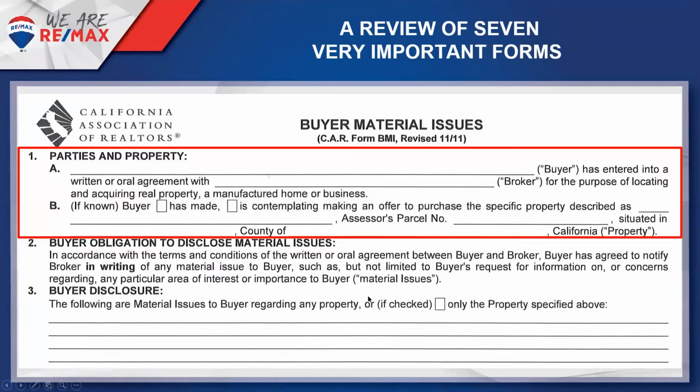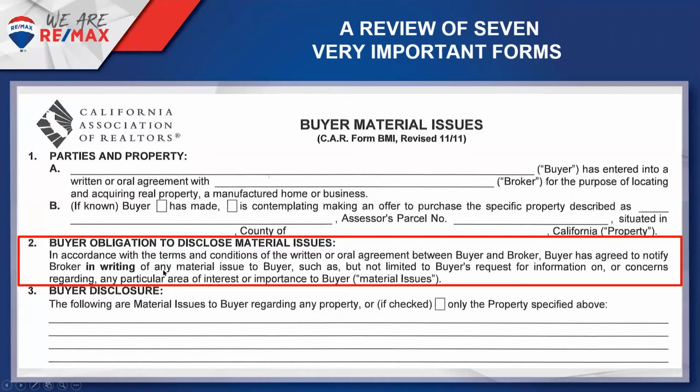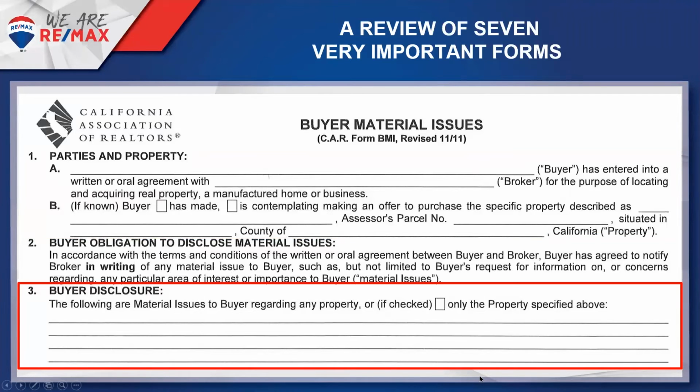Okay, so the next paragraph, the buyer is to disclose anything that the buyer would consider a material issue going into this transaction. All right, now here's where the buyer lists those things. And this form actually has a lot more lines, but I couldn't fit it on my slide. But this is where the buyer would write what their issues were.